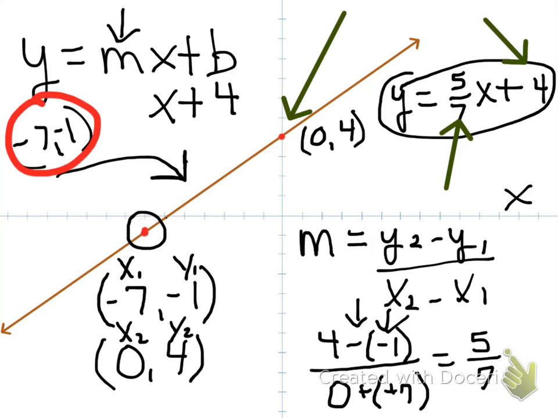So we found out the slope by counting, and we also found out the slope of the line by calculating. Remember, this is a linear equation. And one more thing before I stop. Be aware of what the slope is before you even get into the numbers. I want you to look very carefully at this line.